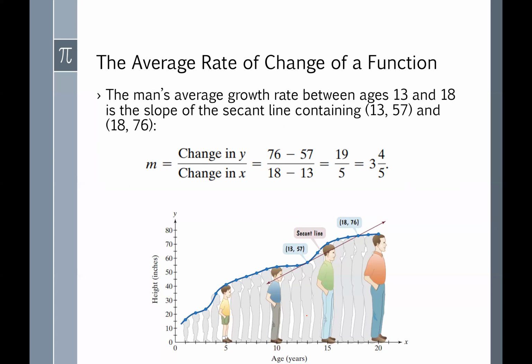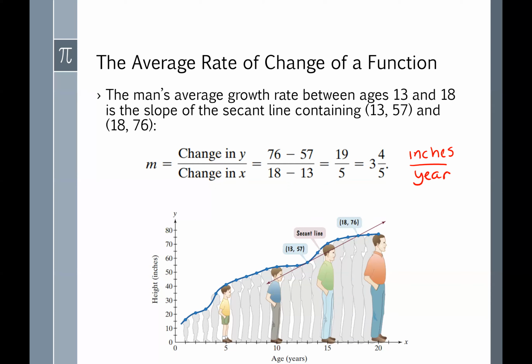He's 18 and he's 13 in the previous point. So it's 19 over 5. So the average rate of change is 3 4/5, and this is inches per year. So on average, between ages 13 and 18, he grew 3 4/5 inch per year.